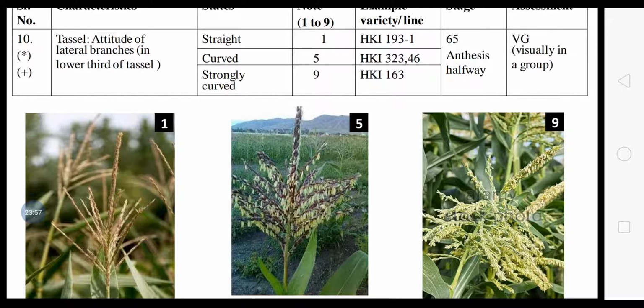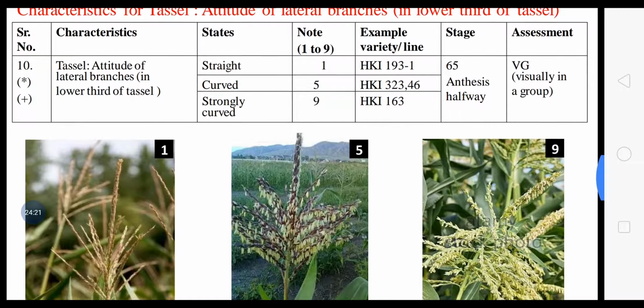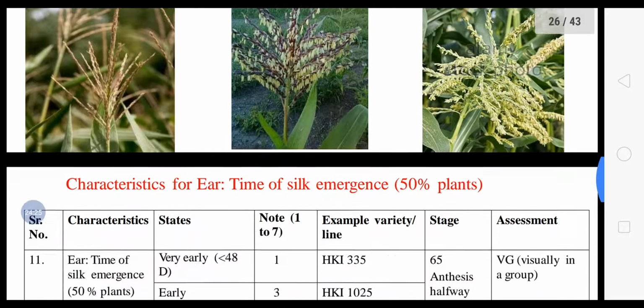Curved means somewhat bent, where we can observe this character under sparse conditions. For straight, the example variety is HKI 193-1. Curved is given as score 5, and it is HKI 323 and HKI 46. Strongly curved is given as score 9, HKI 163. The stage is anthesis halfway. Again, in group these plants are studied.